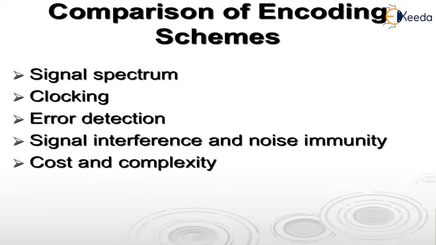First point is signal spectrum, which includes lack of high frequencies, required bandwidth, lack of DC component, whether AC coupling is allowed, whether isolation is provided or not, and whether power is concentrated in the middle of the bandwidth or not. Based on this, we can compare the encoding schemes.